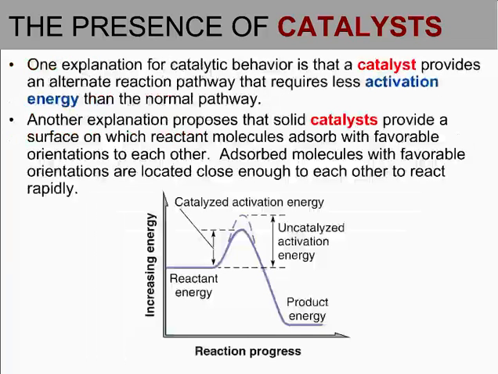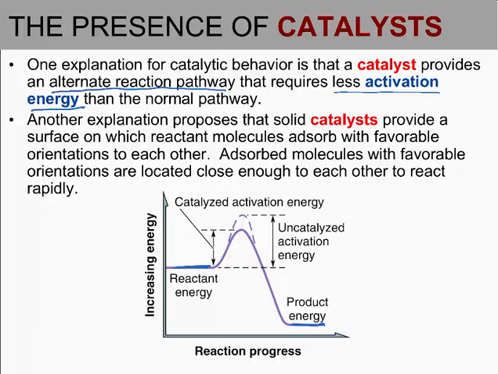Now, there are a couple of different explanations for how catalysts work, and it kind of depends on the type of catalyst you're using. But one explanation is that a catalyst provides an alternate reaction pathway that requires less activation energy than the normal pathway. So down below we have another energy diagram, and again we have reactants and products.